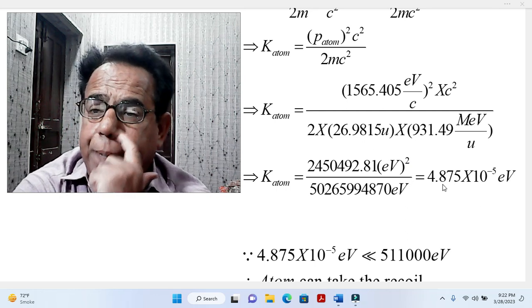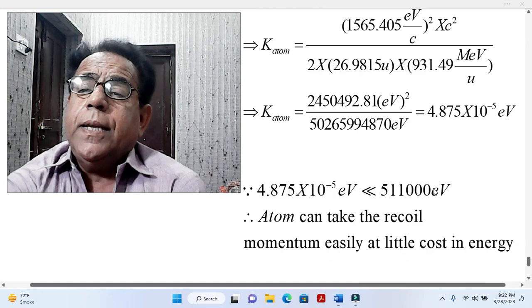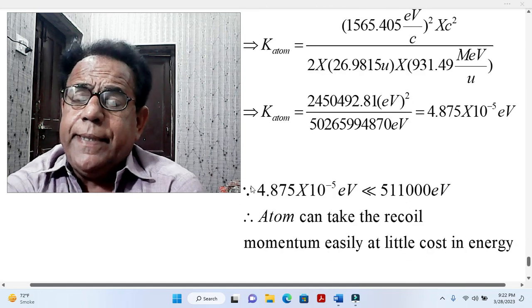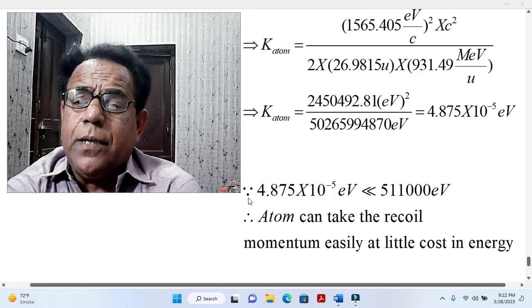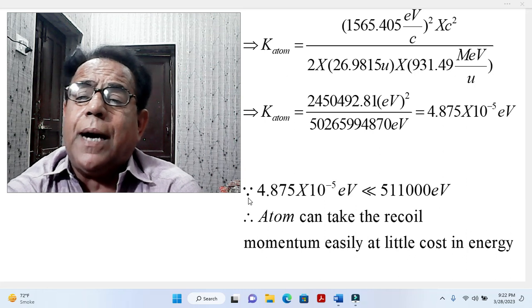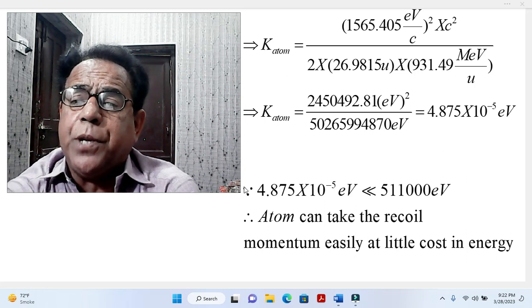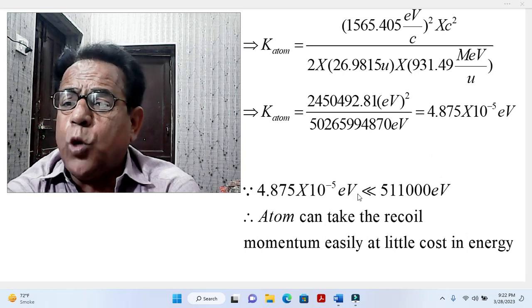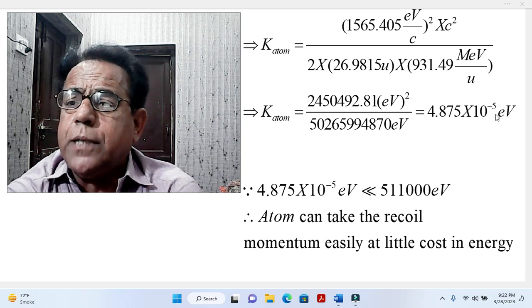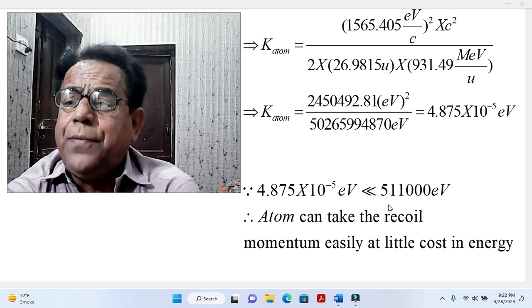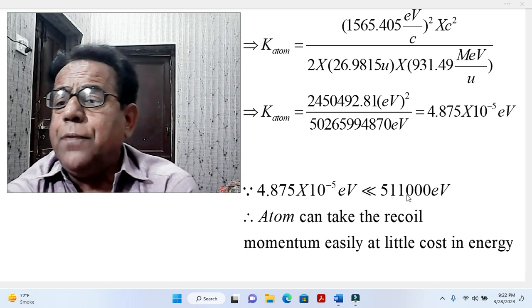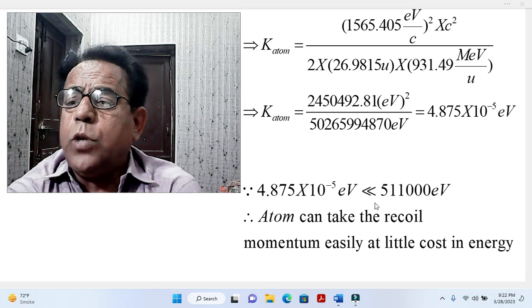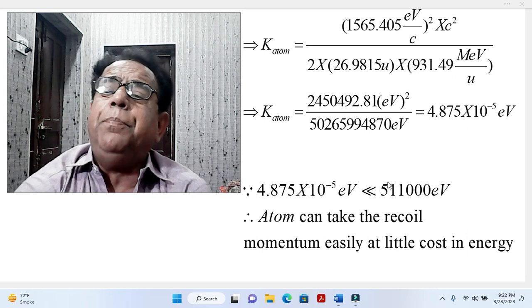Now we compare it with 511,000 electron volt. The symbol with three dots, in which the third dot is below two parallel dots, denotes because or since: since this value, 4.8 into 10 to the minus 5 electron volt, is very much less than 511,000 electron volt, which is given in many tables.